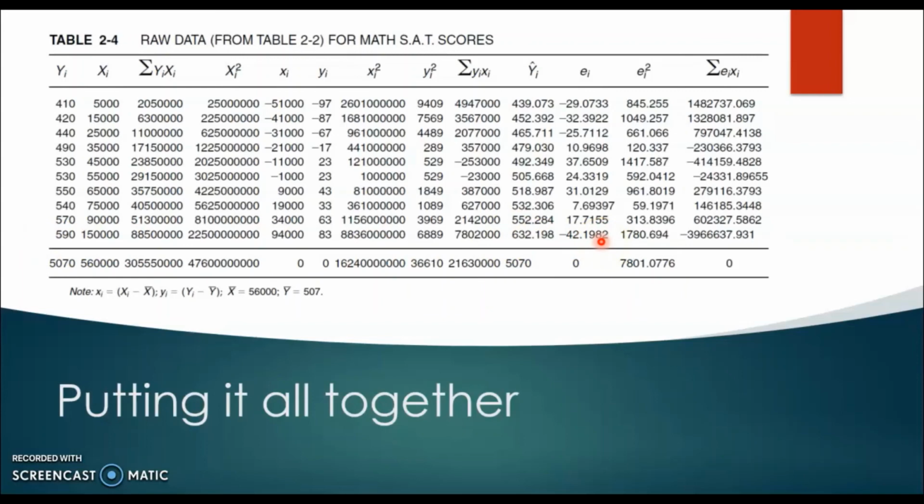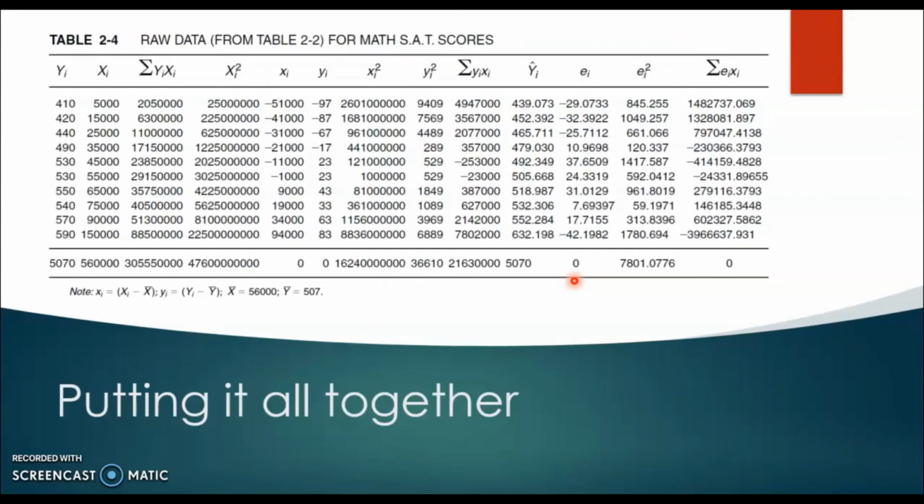Of course, as mentioned before, among the features of the OLS estimator is that the mean value of the residual is equal to 0. So here we have the sum of residual that is equal to 0 over the number of observations. We have 10 observations in this particular sample, and we obtain the mean value of residual that is equal to 0. Of course, 0 over 10 is equal to 0.